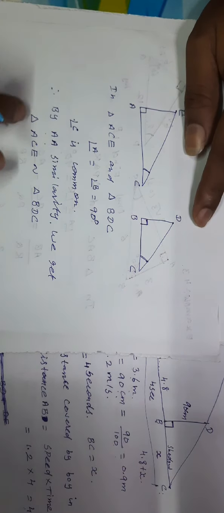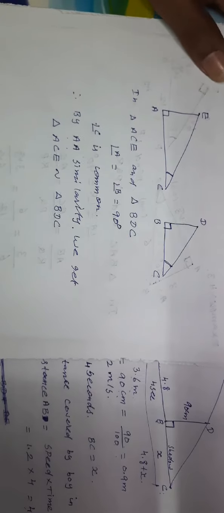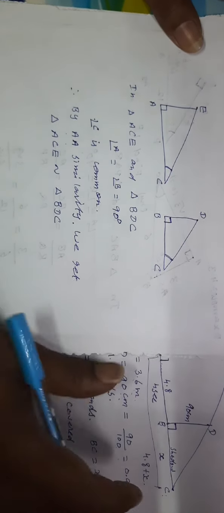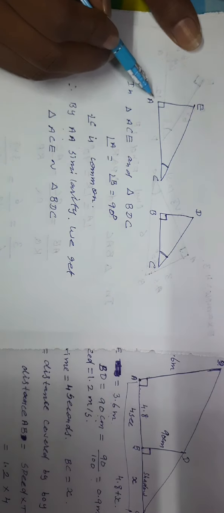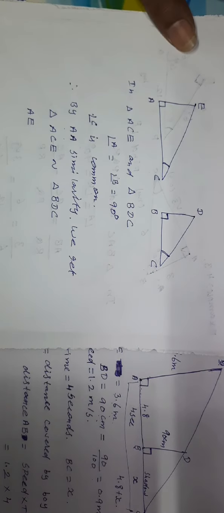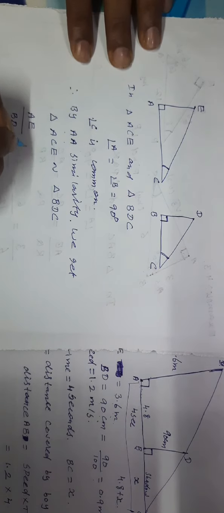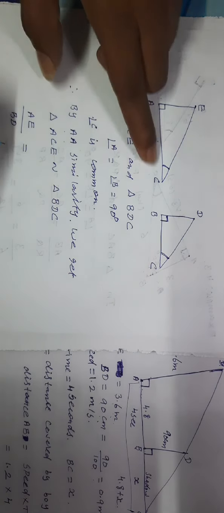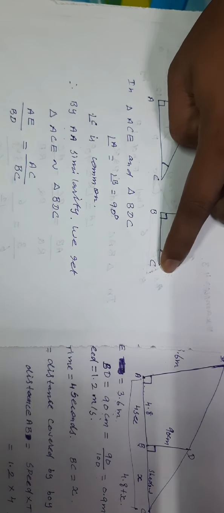Now the triangles are similar, which means we can use the ratios of corresponding sides. So take and substitute the corresponding sides: AE corresponds to BD, and AC corresponds to BC.